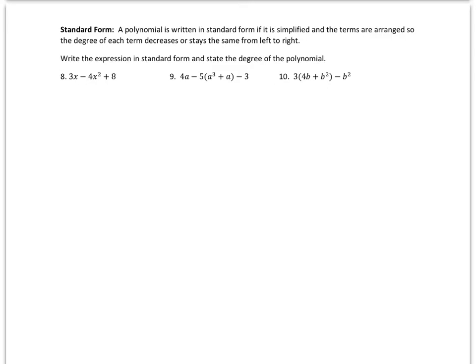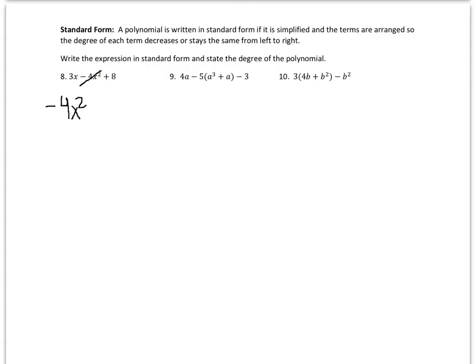Okay? So step 1, look through. Find the largest degree: 1, 2, and 0. So the largest degree was 2. Now this is where you have to be careful. See how it says minus 4x squared? That means when we go to write this in standard form, it's negative 4x squared.